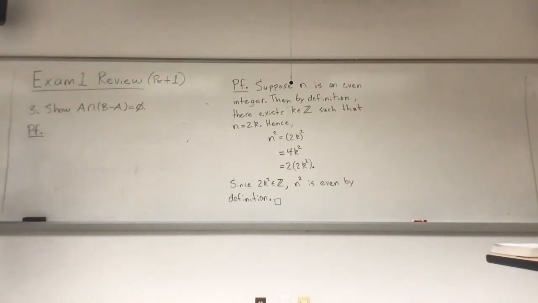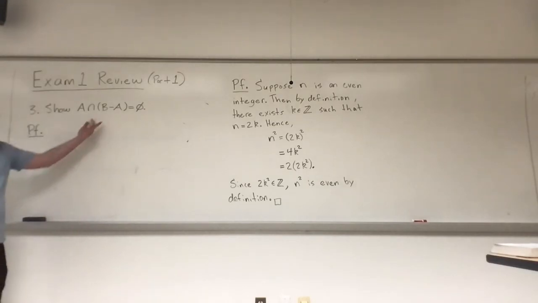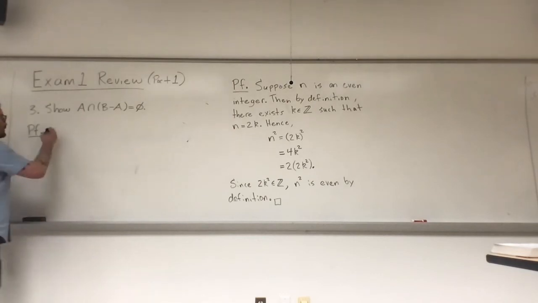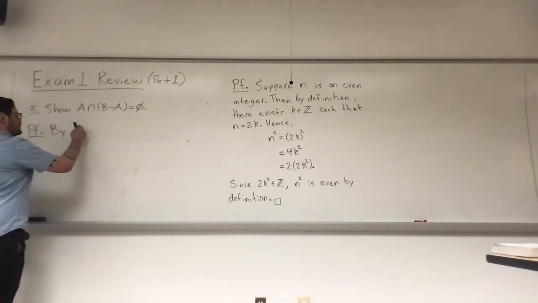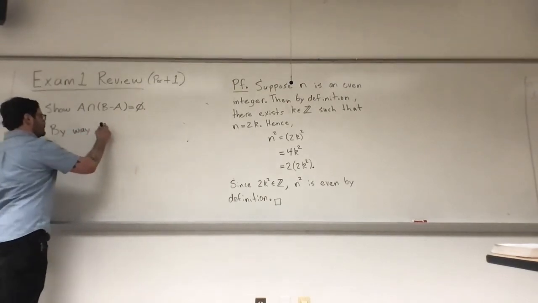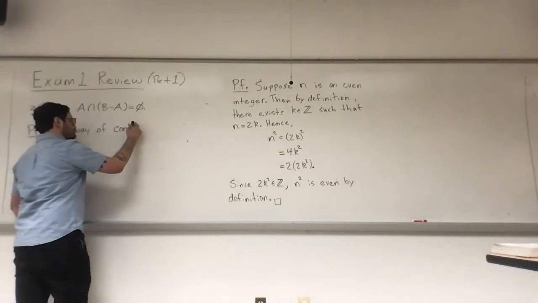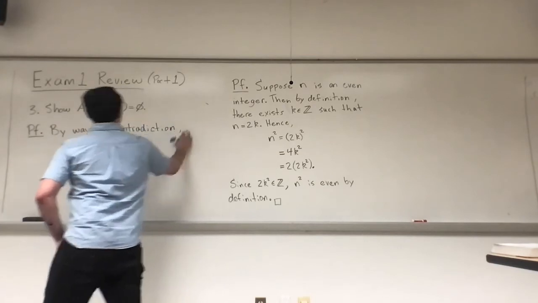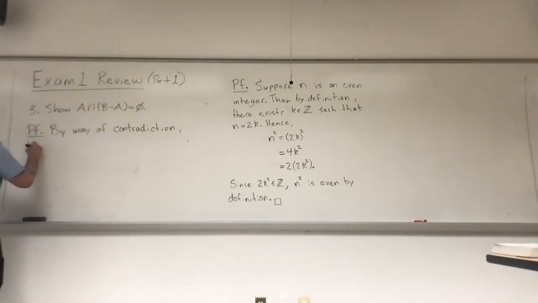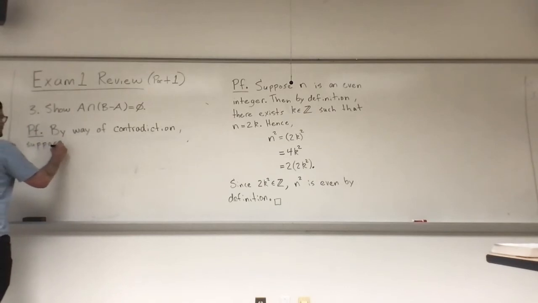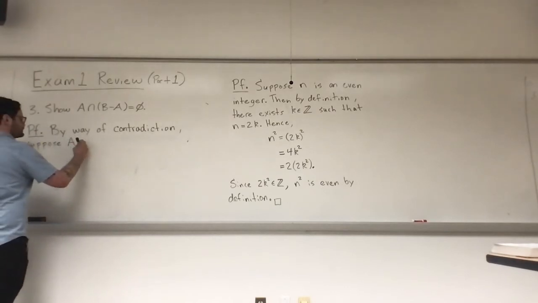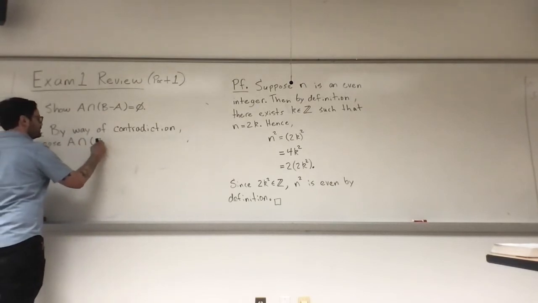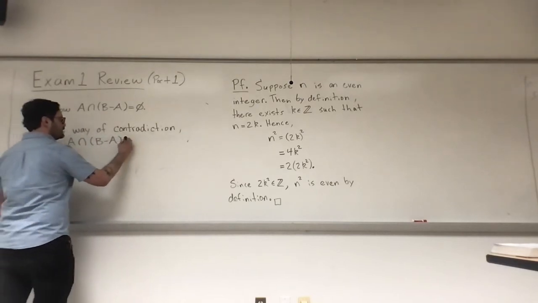I'm hoping that all of you will retain a lot of these proof techniques after this course. The more you see, the better. So I'm going to assume by contradiction that that's not empty. So by way of contradiction, suppose A intersect (B minus A) is not empty.